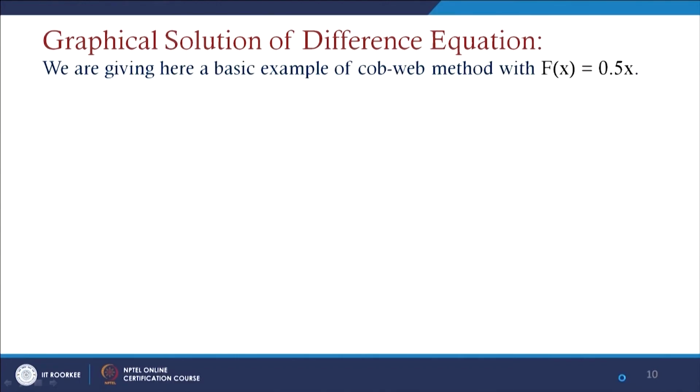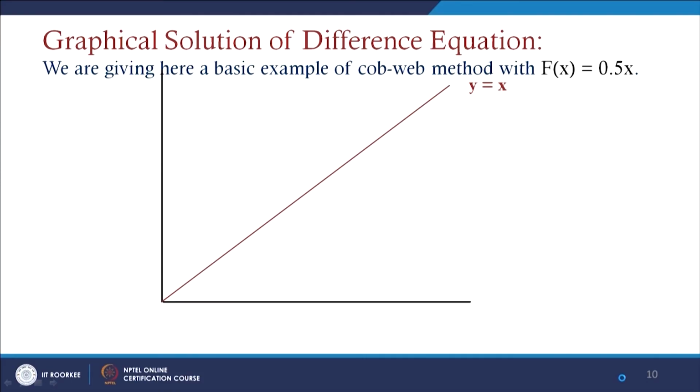So if you just see this slide here, first we are considering the basic example in the form of f of x equals 0.5x. Suppose you plot these coordinates, then we put the y equals x line, and the line y equals f of x as 0.5x, as we explained in the previous slide.